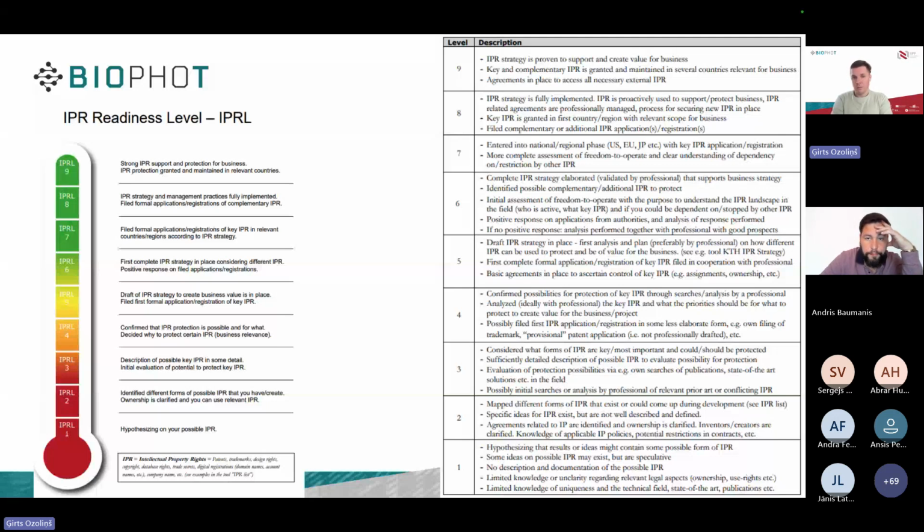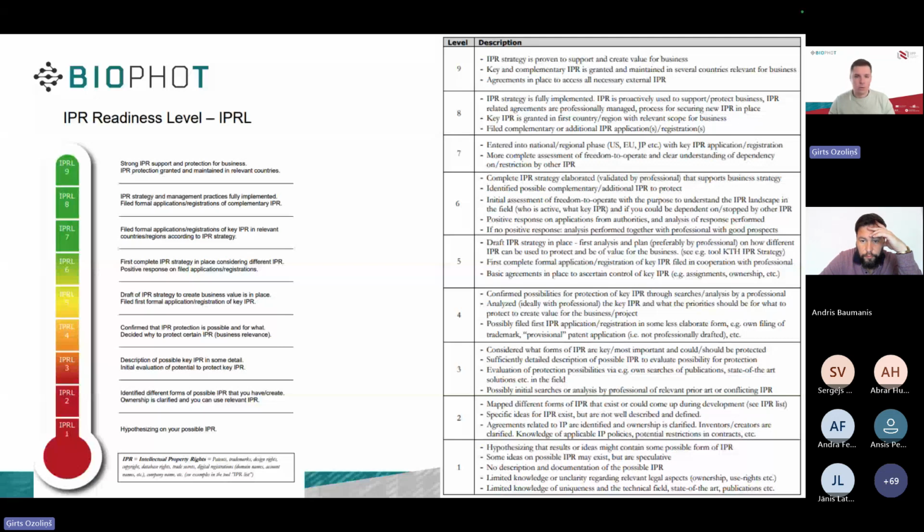But to increase the value of your patents and intellectual property, you need to first do some market analysis and talk with customers, and then you can talk with patent lawyers and create a correct IP protection strategy. This is how we suggest to progress in IP, also in IP readiness level here. But it's all actually also written here by each point.